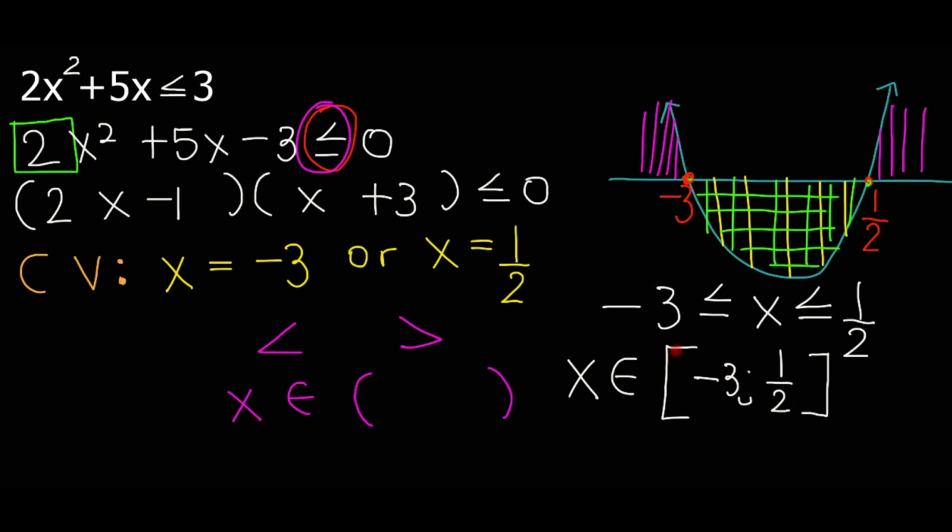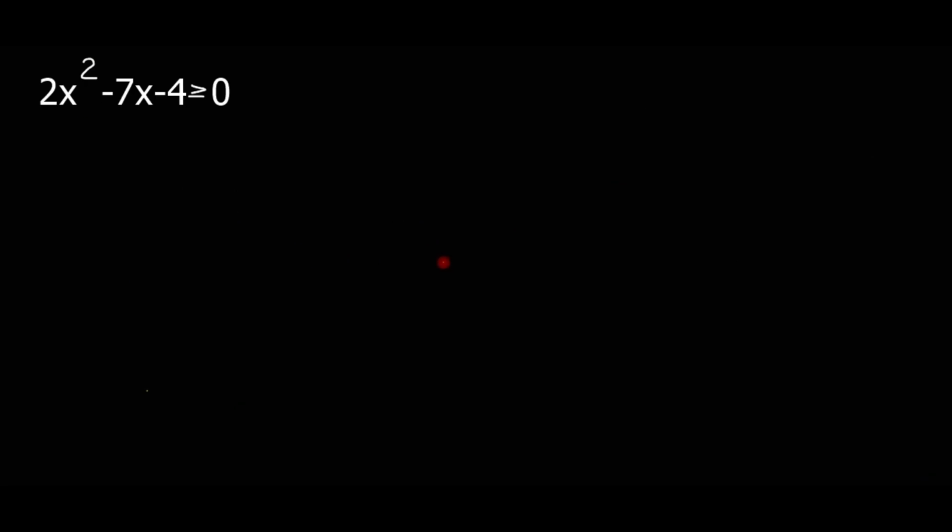Let's look at the next problem, and this one is 2x squared minus 7x minus 4 is greater or equals to 0. When you look at this expression, it is already in the standard form ax squared plus bx plus c, because you can notice that one side is 0 already.